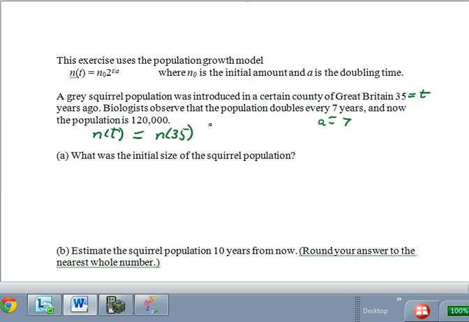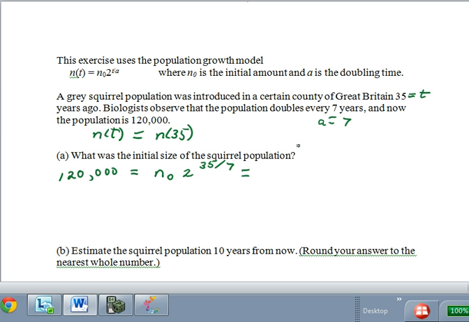In the formula, that's n sub 0, and it's the only variable that we have not been given the value of. So we're going to have 120,000, for the n of 35, equals n sub 0 times 2 to the power 35 divided by 7.